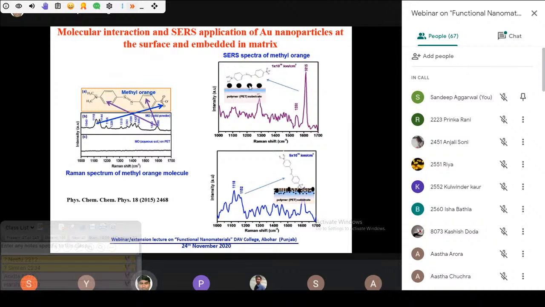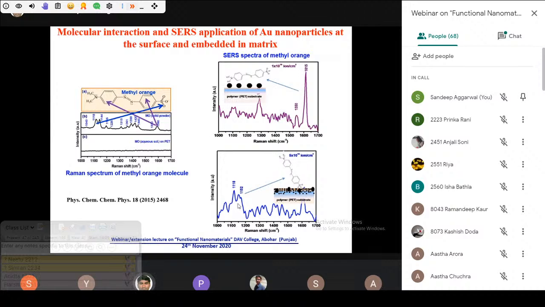You see, when we have the nanoparticles on the surface, this is the Raman spectra for methyl orange. In this Raman spectra, you see the vibrations at 1590 centimeter inverse, which belong to the benzene rings. When these molecules are interacting on the surface, we get enhancement on some of the peaks, like particularly 1600 or 1100.